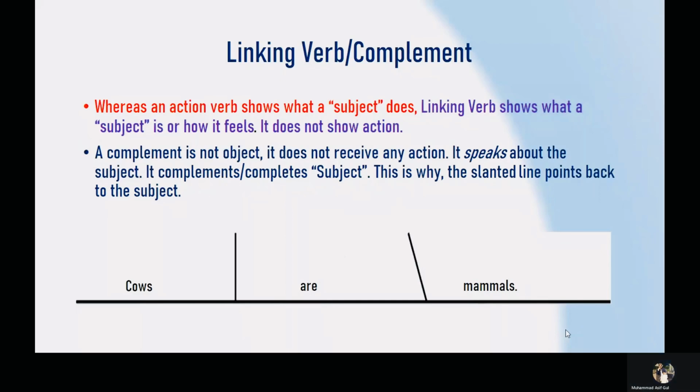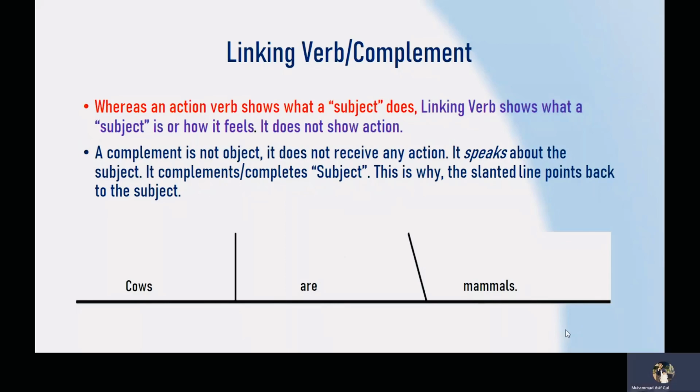And then a complement. A complement is not an object. It does not receive any action. The complement speaks about the subject. You can see in this sentence that the second vertical line is tilted back towards the subject.